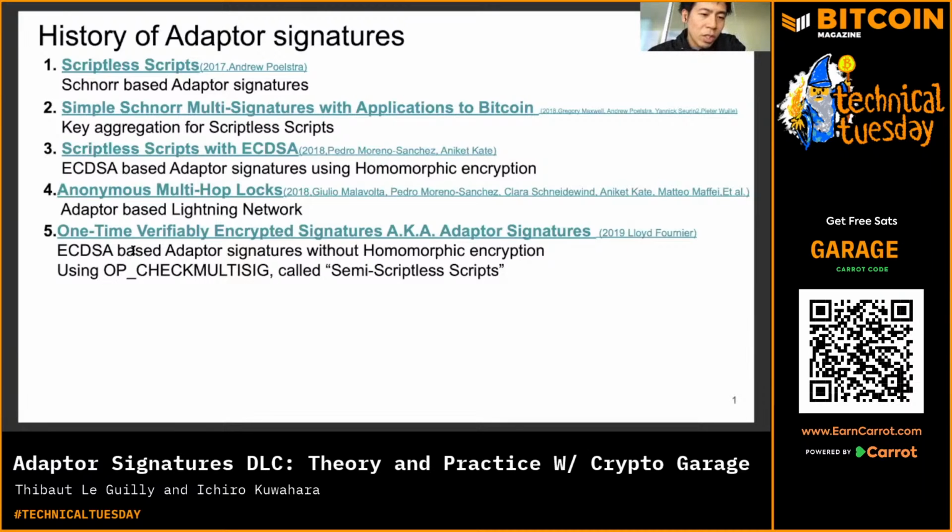This protocol is using OP_CHECKMULTISIG, so this is called semi-scriptless scripts. And now DLC is using this protocol. Today I will talk about the Schnorr-based adapter signature described in number 1, and the ECDSA-based adapter signature using OP_CHECKMULTISIG described in number 5.